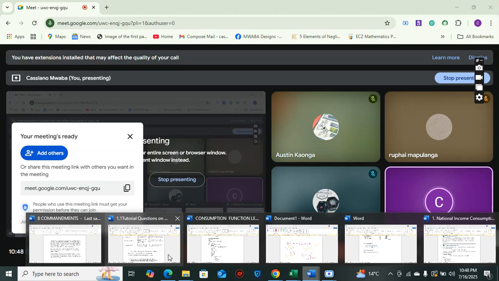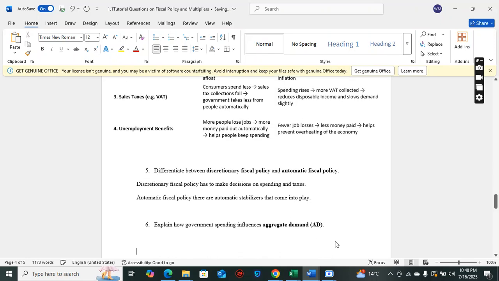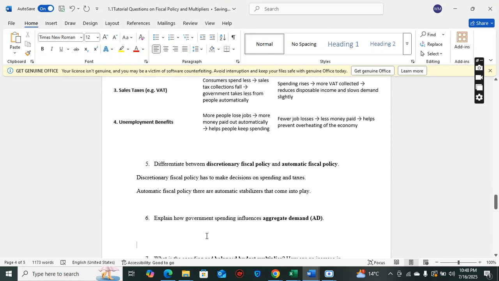Any questions on that? Explain how government spending influences aggregate demand.